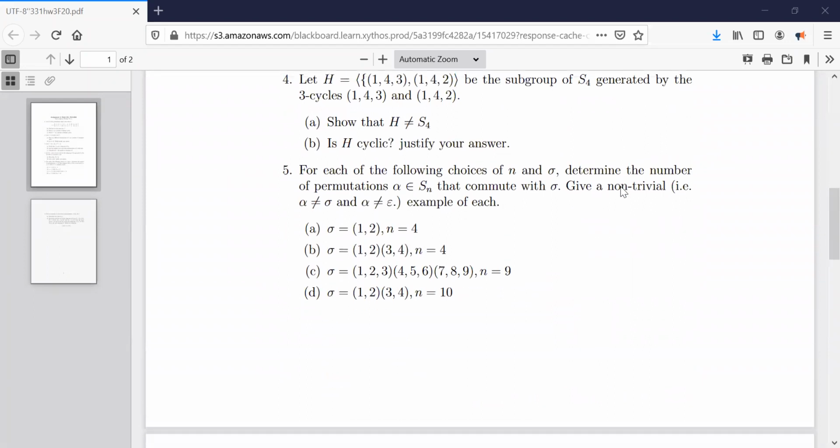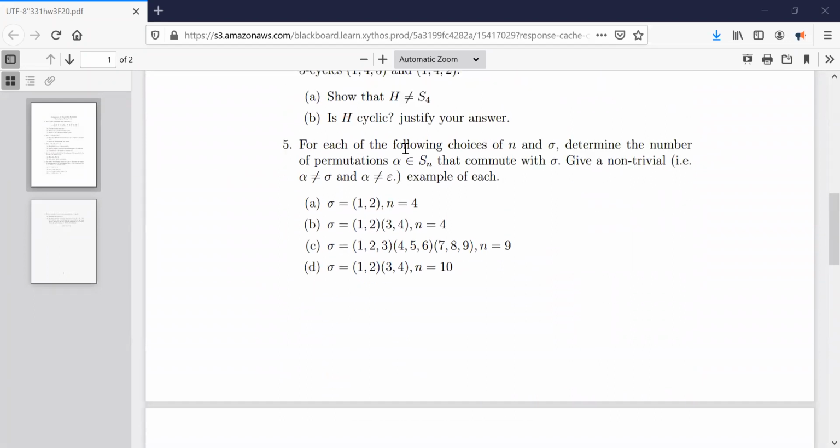Five. Okay, so for each of the following choices of n and sigma, determine the number of permutations that commute with sigma. Give a non-trivial example for each, i.e. alpha not equal to sigma.